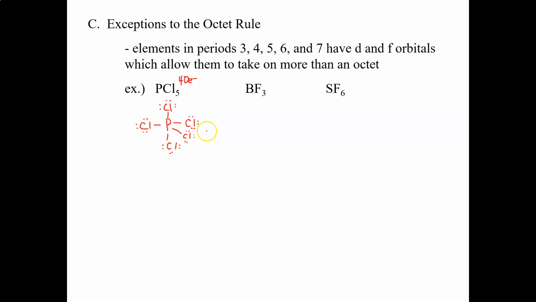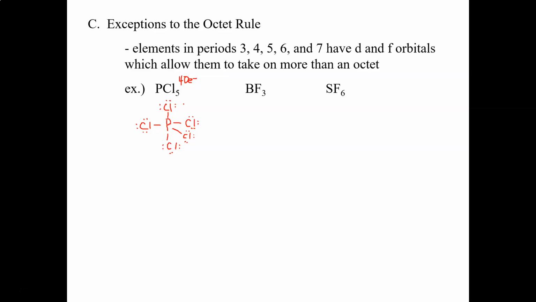So, did we make all the chlorines happy? All the chlorines have their 8 valence electrons, so they're all good. Did we make the phosphorus happy? Well, no, but there wasn't much we could do about that, right? I mean, if the formula is PCl5, it's not a misprint, that's what it says, so we had to put Cls all the way around it. It has to take 10.